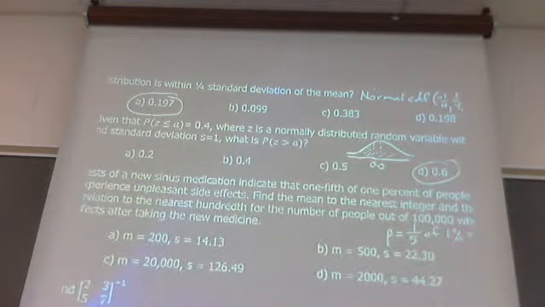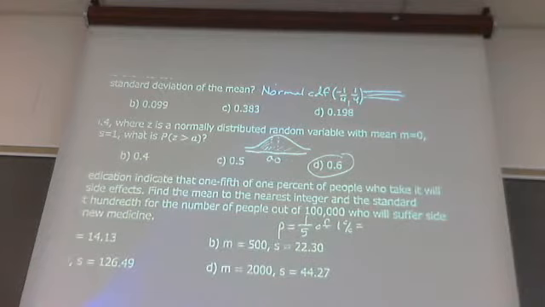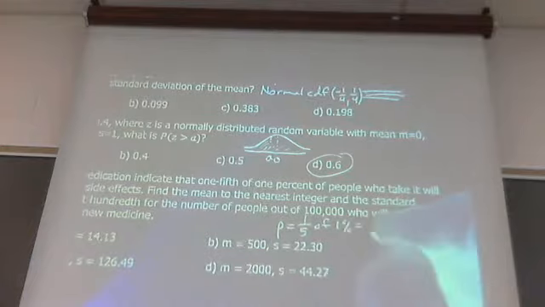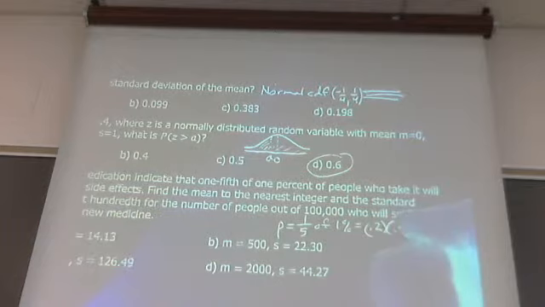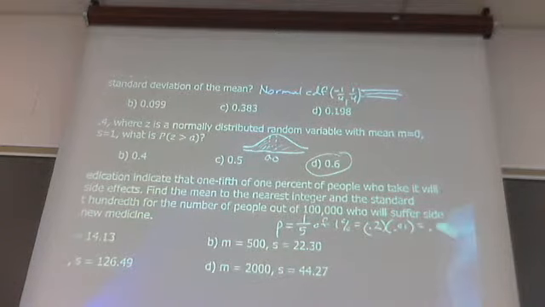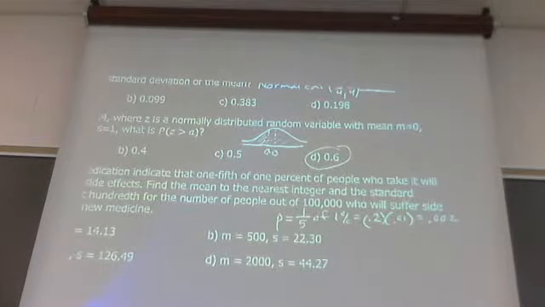Can you give me a decimal for that, folks? 1/5 of 1%. What'd you get? 0.2%. Right, but as a decimal, not a percentage. 0.002. Okay, so that's the value of p.